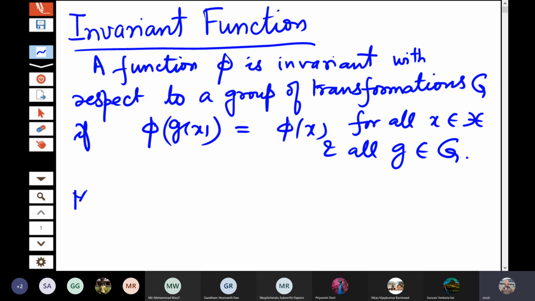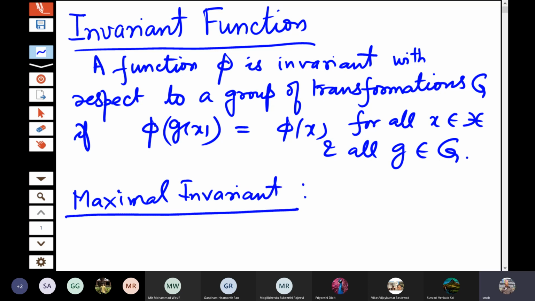And then we look at what is maximal invariant. Like you had sufficiency and minimal sufficiency, similarly in invariance you have the concept of maximal invariant.